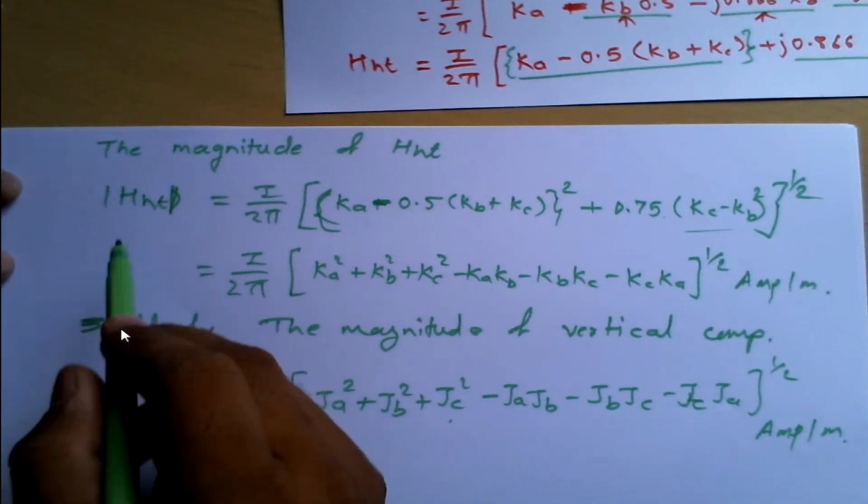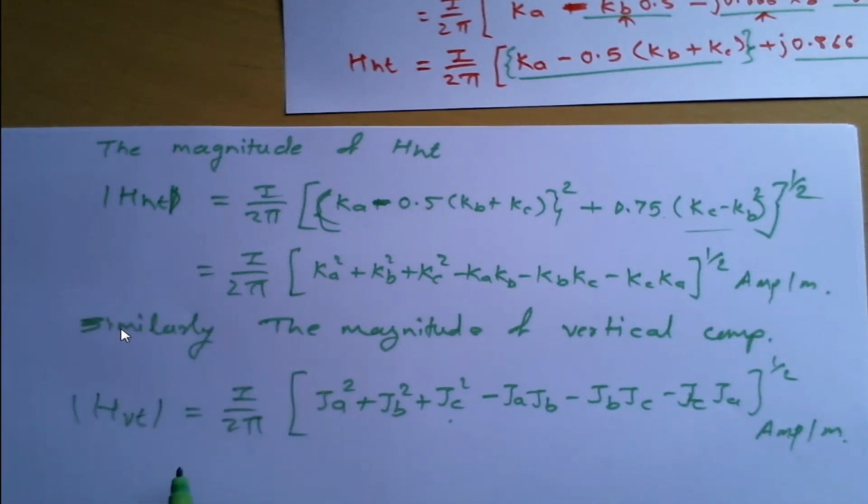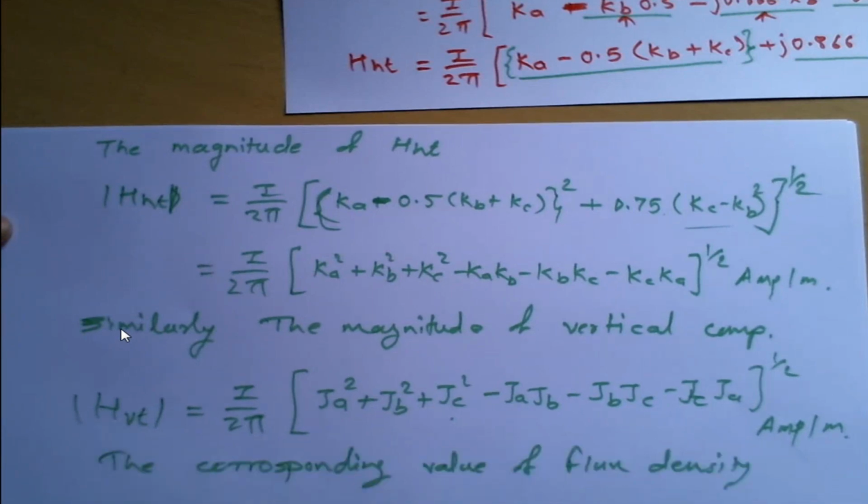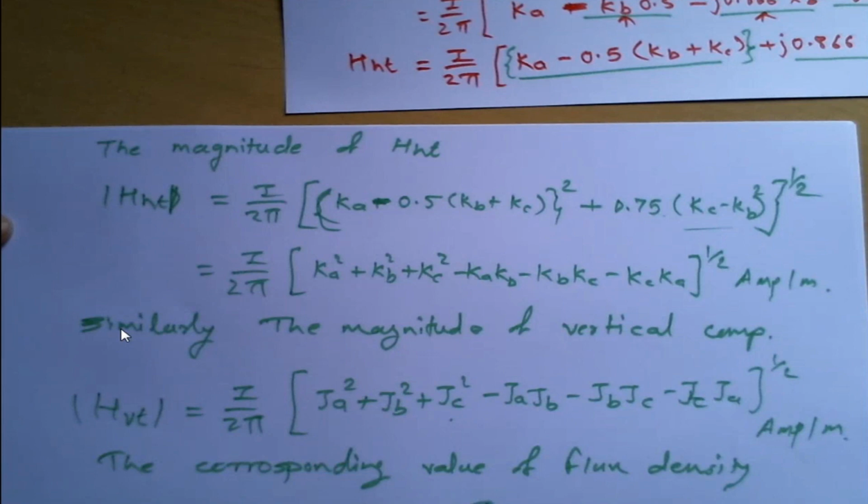And if we consider these magnitudes, the corresponding values of flux density. So what is flux density? B is equal to mu 0 H, right? So B of St will be mu 0 into H of St. In the same way, B of Vt, that is the value of flux density for the vertical component, is equal to mu 0 into H of Vt, and it has unit Tesla.